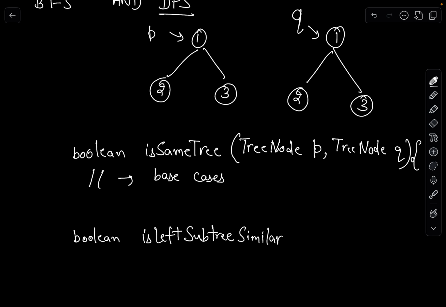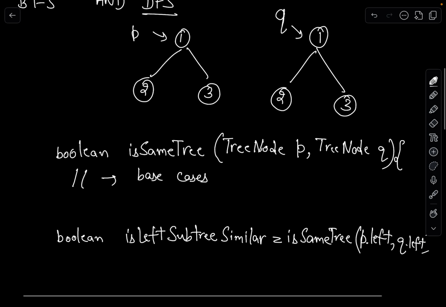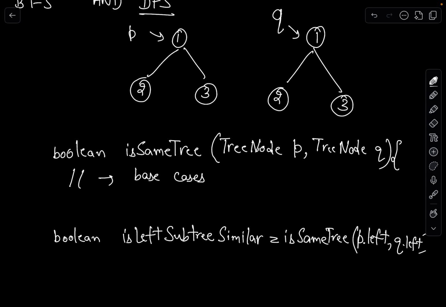I'll just call the same function isSameTree by calling the left part for the P node and the left part for the Q node. You just have to have faith in the recursion that it's going to work. Then it will be easy for you to understand.